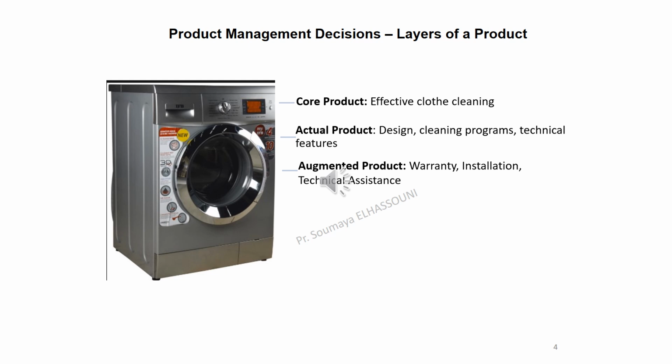These are the tangible aspects that differentiate one machine from another. And as far as the augmented level is concerned, we might see all the after-sales services, such as installation, warranty, or even the availability of spare parts and installation assistance. This layer is what often tips the scales for customers when they are deciding between brands and when they are not really perceiving the difference between brands. Okay?